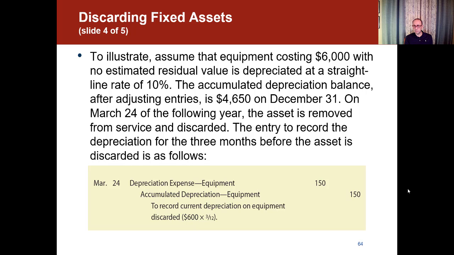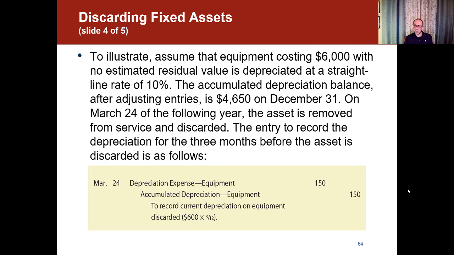It has an accumulated depreciation balance of $4,650. Yet we discarded it on March 24th. So we used it for another almost 3 months. Since it's March 24th, we just rounded up and assumed that it's March 31st. So we're going to calculate depreciation only for 3 months.